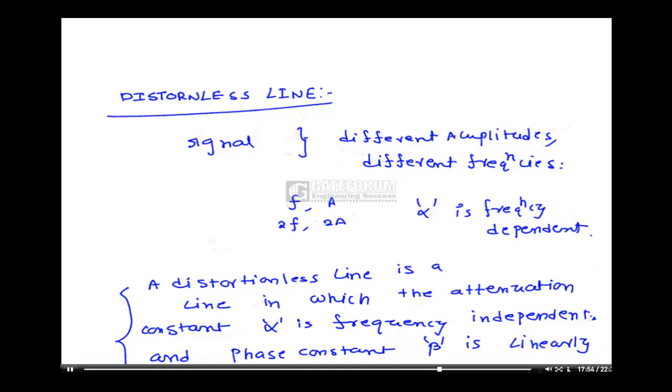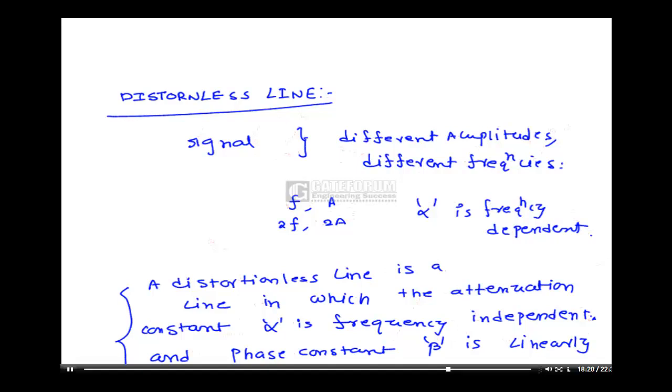Actually, the condition for a distortionless line is LG is equal to RC. If this property holds good, then we can say that the line is a distortionless line.